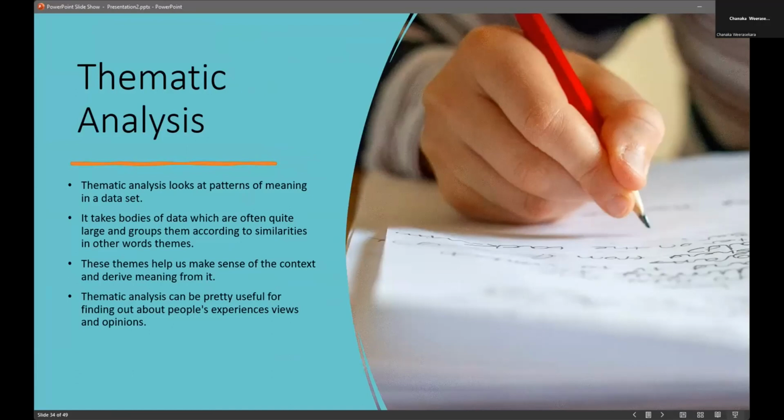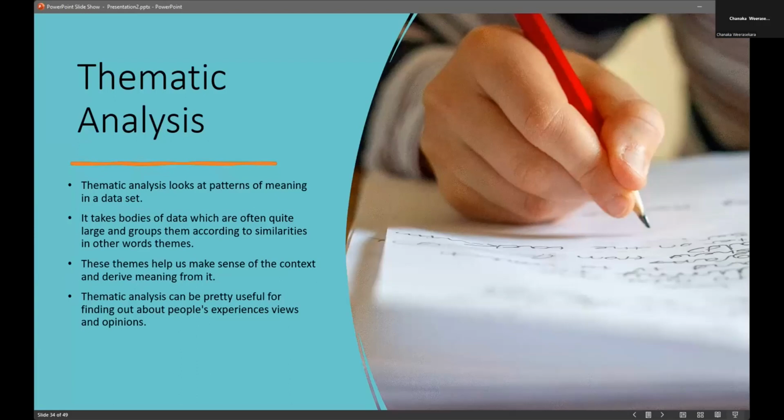So pretty much what you do is you go through the set of data, let's say interview transcripts you have, and you try to identify similarities within the transcripts, which we call themes. Once they are identified, you have to establish the theme using triangulation methods, like using direct quotes from your interview transcripts.